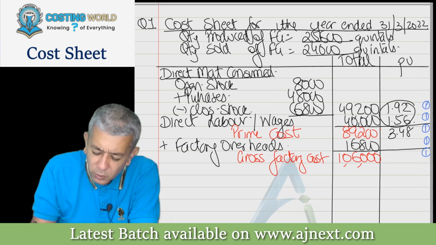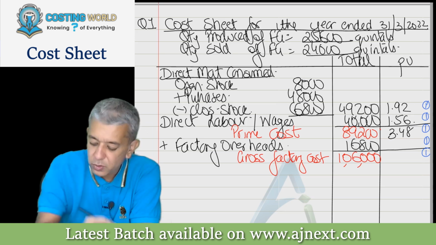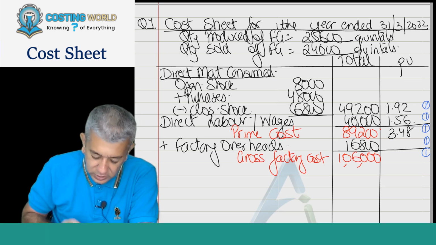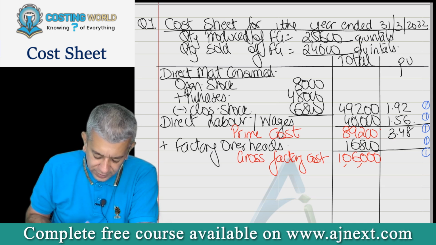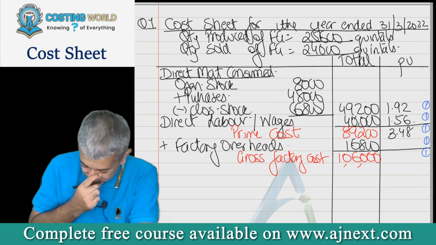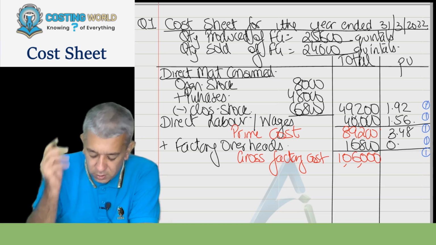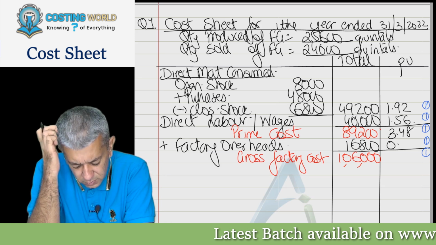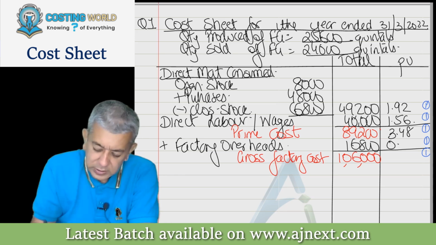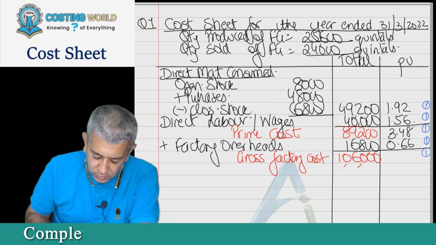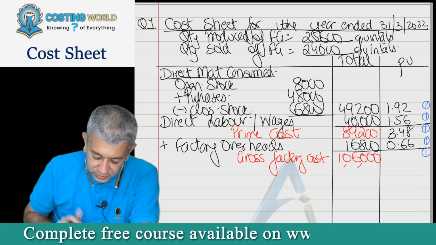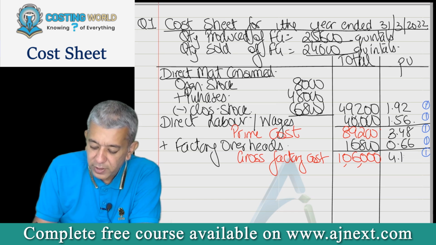Mostly it will be that only. Sometimes it might make a difference. Further, 16,800 divided by 25,600. Tell me the further thing, please. 66. Pick up your calci. 1,06,000 divided by 25,600. It's 4.14.